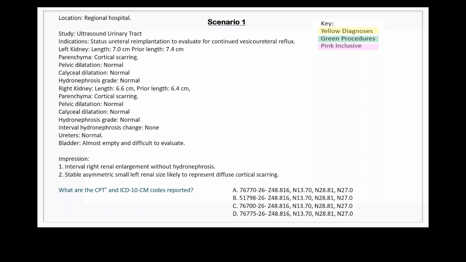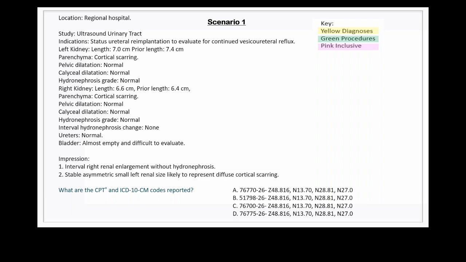Parenchymal cortical scarring, pelvic dilation normal, calyceal dilation normal, hydronephrosis grade normal. Right kidney length 6.6 centimeters, prior length 6.4 centimeters.